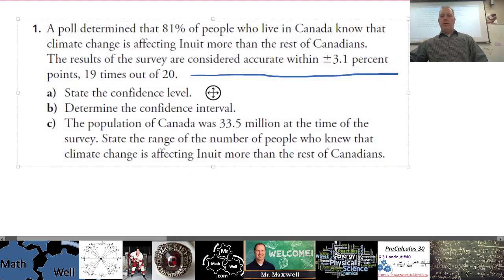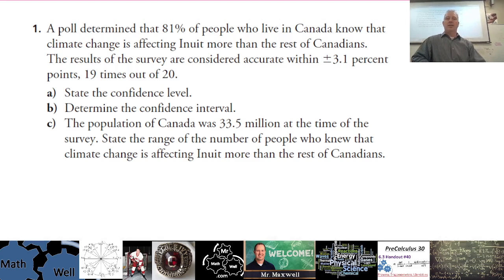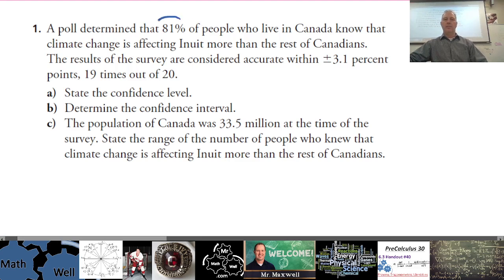All right, so number 1 says here, a poll determined that 81% of people who live in Canada know that the climate change is affecting the Inuit more than the rest of Canadians. The results of the survey are considered accurate within plus or minus 3.1% points, 19 times out of 20. So here's our stated value.